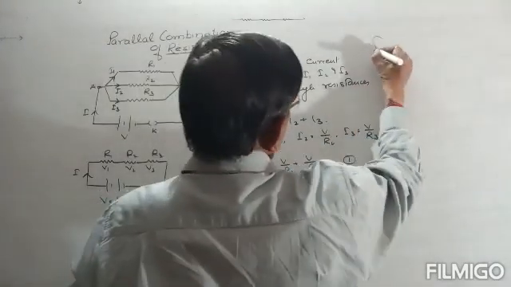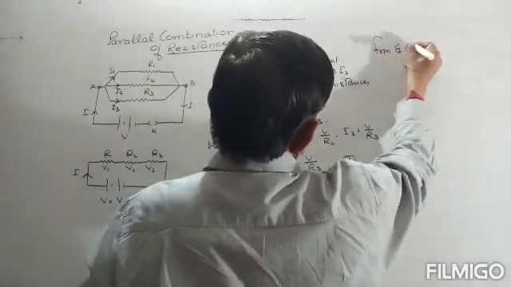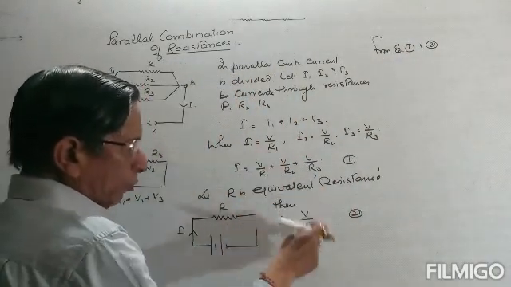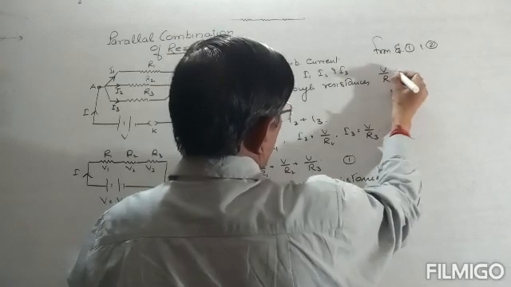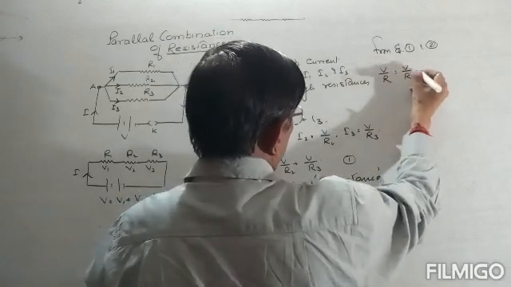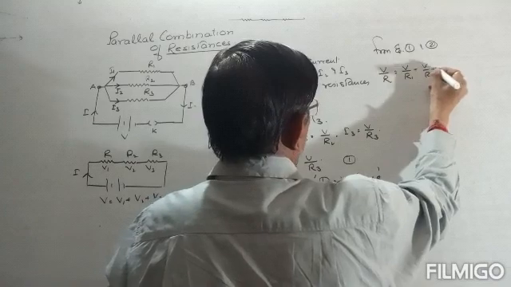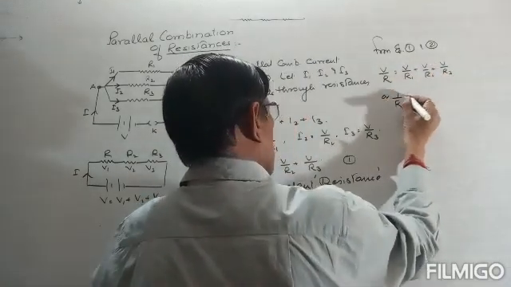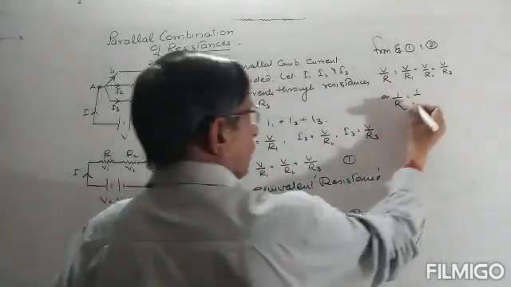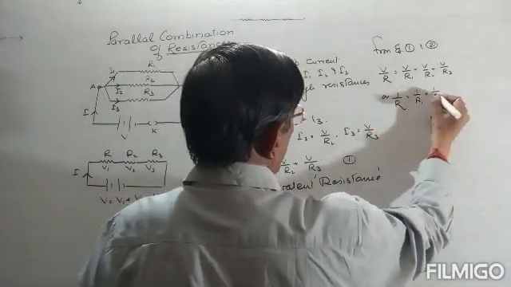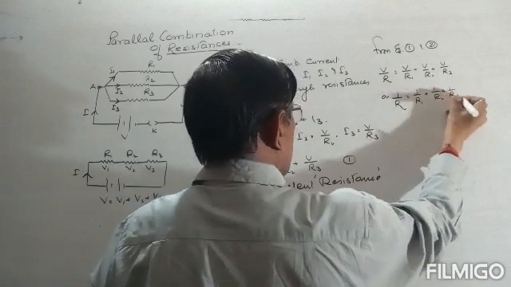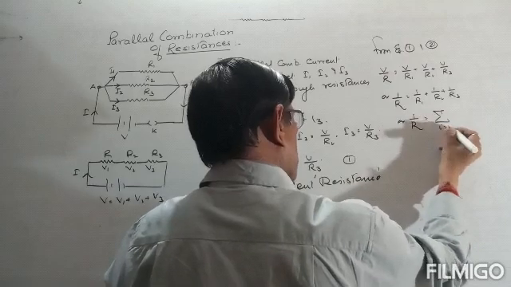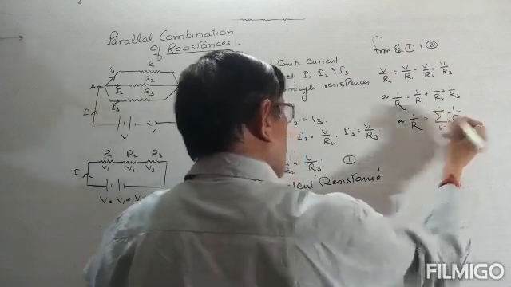From equation 1 and 2, we can write I is equal to V upon R. So V upon R is equal to V upon R1 plus V upon R2 plus V upon R3. Or 1 upon R is equal to 1 upon R1 plus 1 upon R2 plus 1 upon R3, or 1 upon R is equal to summation i equal to 1 to n 1 upon Ri.